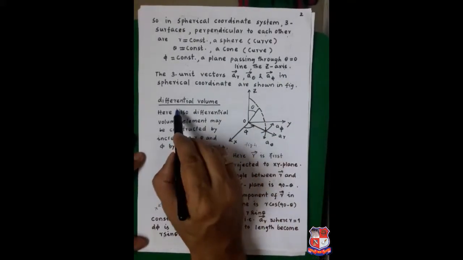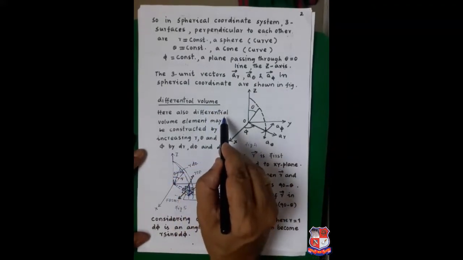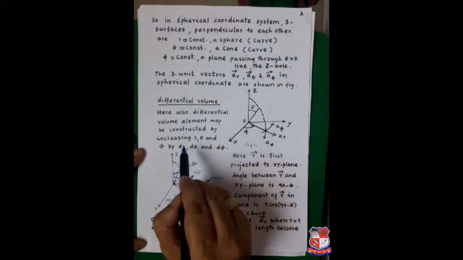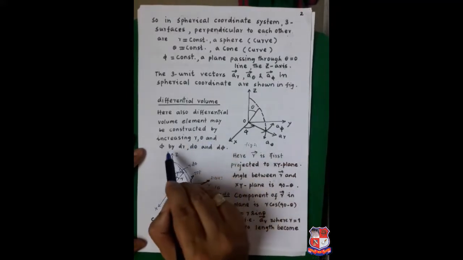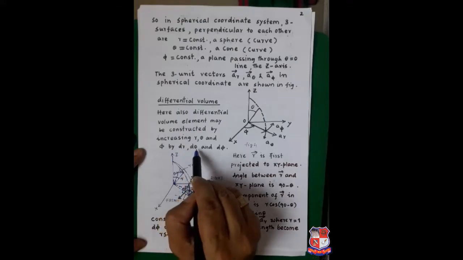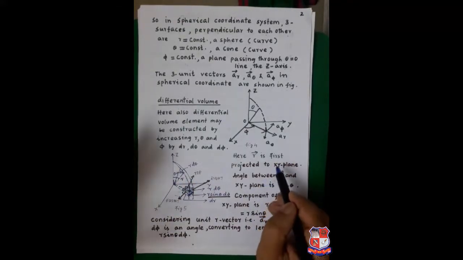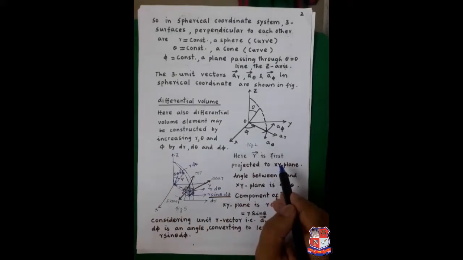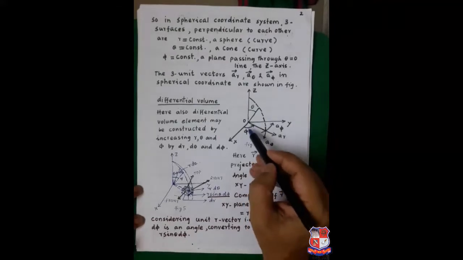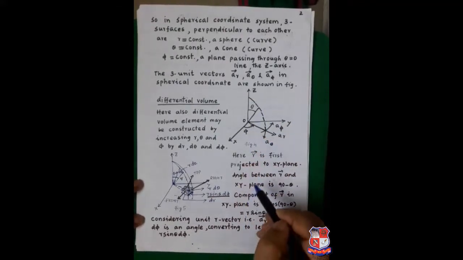Now we'll see the differential volume. Here we can generate a differential volume element by increasing r, theta and phi by a small magnitude, that is dr, d theta and d phi. Now in this figure you can see this is your xyz axis, and I have drawn all the 3 unit vectors.